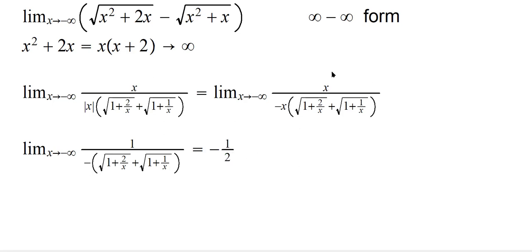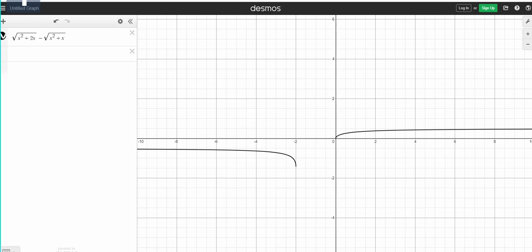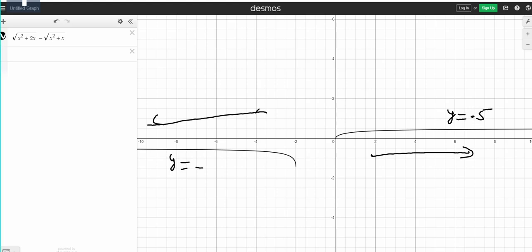And we can go ahead and verify it graphically. So here we have a graph of the expression that we were looking at, and you can see that as we go to right hand side further and further, the limits are close to 0.5 or 1/2, or these are horizontal asymptotes of the function.